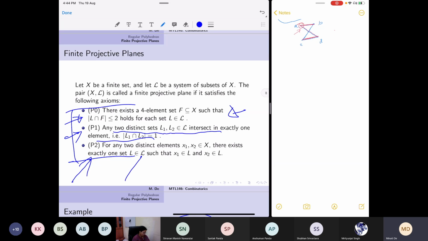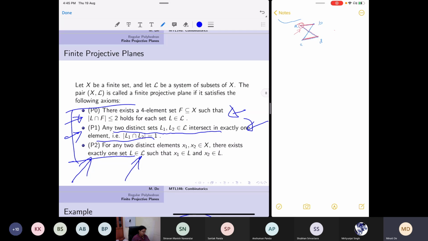Similarly, if you want to prove P2 for your dual, the statement to prove in the original plane is P1, which is already true. So you don't need to prove anything extra. P1 and P2 are duals of each other.